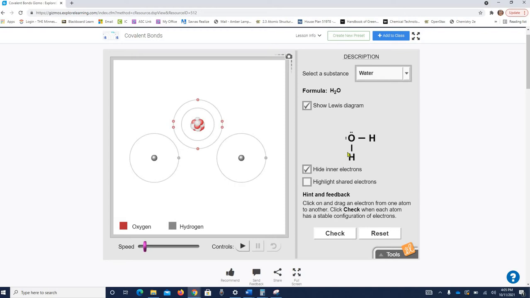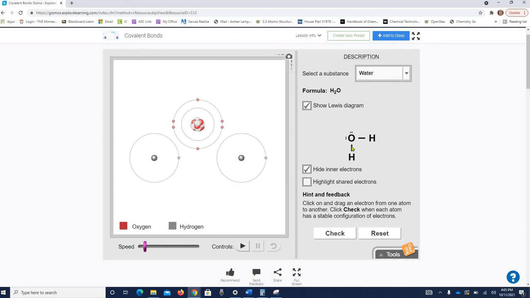Now, if we can remember from the meeting, on a Lewis diagram, we have the elements that are in our molecule, and the bonds are represented by lines. So you'll see there's a line in between this oxygen and hydrogen, and there's also a line between this oxygen and this hydrogen. That line represents a shared pair of electrons that make up a chemical bond. Since those electrons are shared, they are part of oxygen as well as they are a part of hydrogen.